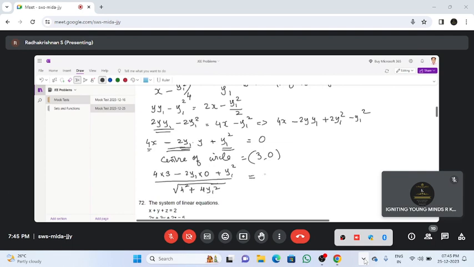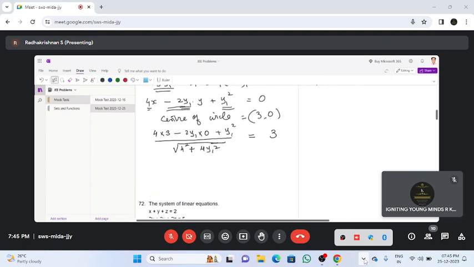We have to equate this to 3. So a into x1 plus b into y1 plus c, whole divided by the square root of a square plus b square, that is the distance formula. So now we can solve for y1 from this.